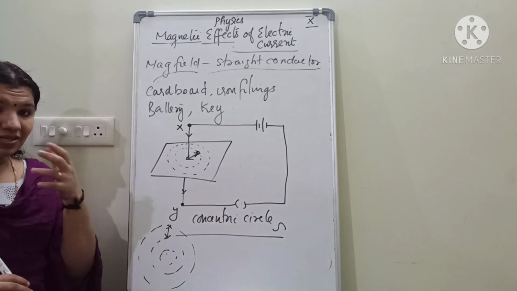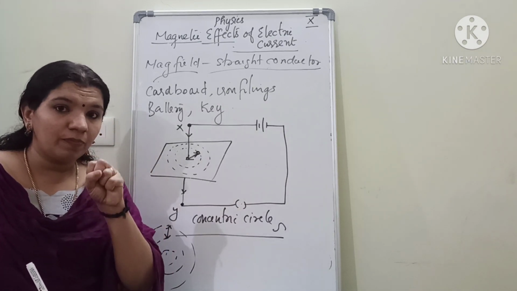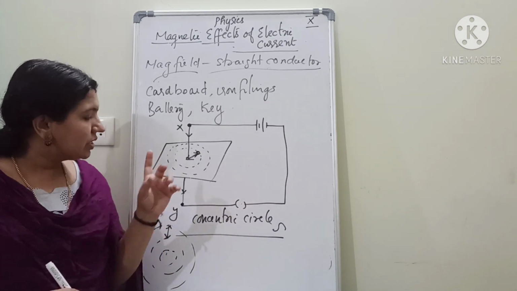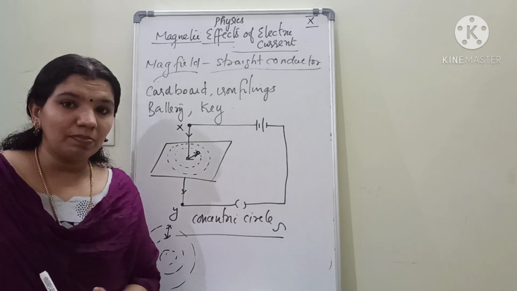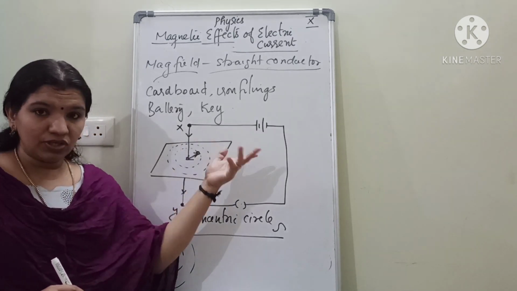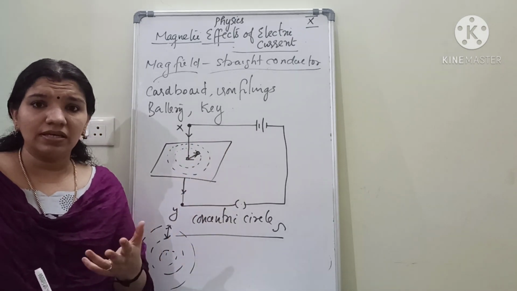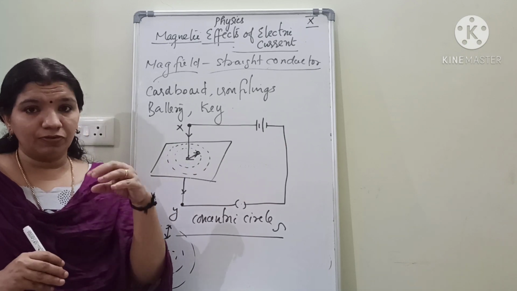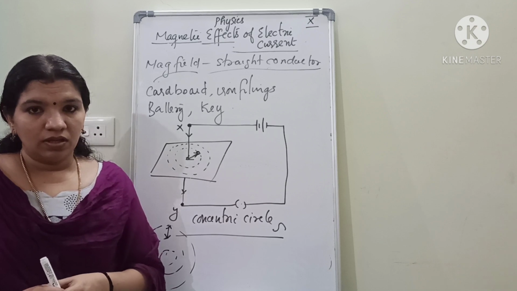You know that in the case of a bar magnet we studied that as the field lines are closer, the strength will be increased. So here also, when the point is closer to the conductor, the strength of the magnetic field will be more. Isn't it? If you are considering a point at a larger distance from the conductor, the strength is decreased. The magnetic field lines will be at a larger distance apart. Weaker.